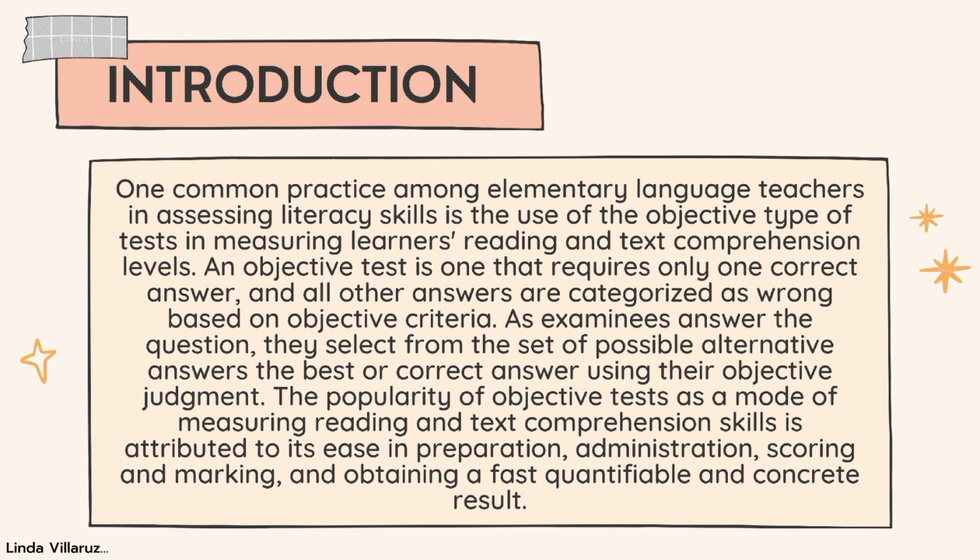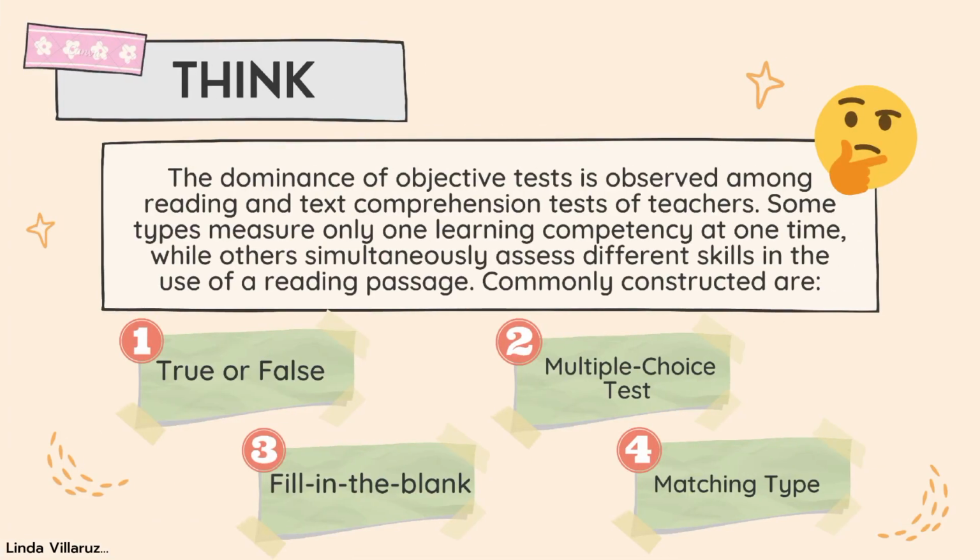The popularity of objective tests as a mode of measuring reading and text comprehension skills is attributed to its ease in preparation, administration, scoring, and marking, and also obtaining a fast, quantifiable, and concrete result. Think. The dominance of objective test is observed among reading and text comprehension tests of teachers.